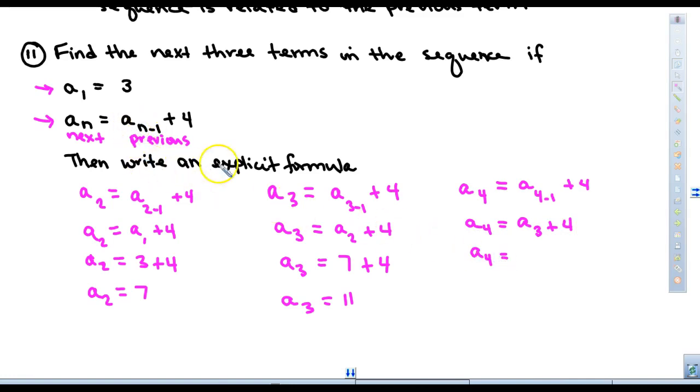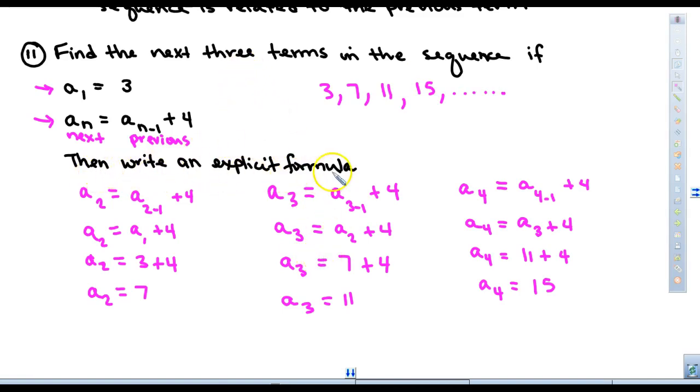And a sub 3, we just found to be 11. And then 11 plus 4 gives me 15. So my sequence so far, my first term is 3, and then the next one is 7, and then 11, and then 15, and it's going to keep on going like that, okay? So we found the next 3 terms.